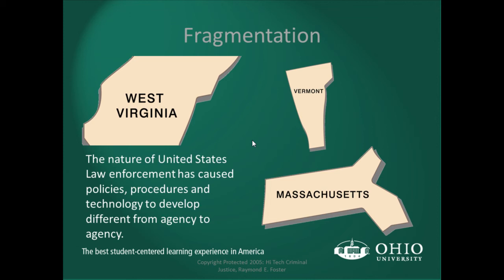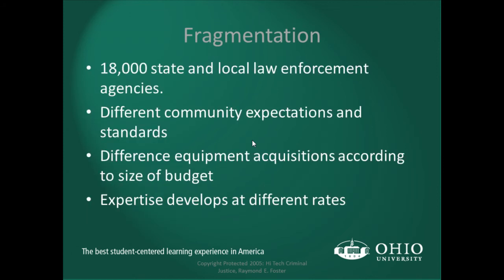So sometimes that information can't be shared readily because of those differences in procedure and policies. A good example: there are 18,000 state and local law enforcement agencies throughout the country. So you can imagine the massive differences that can occur in policies and procedures.